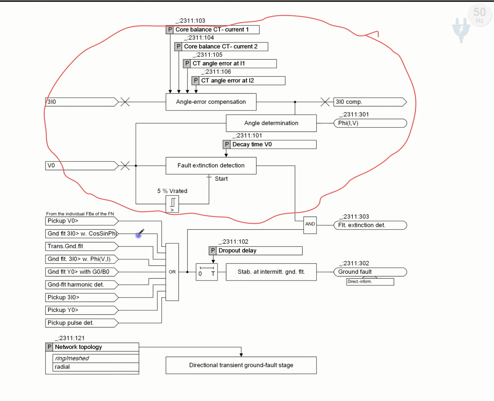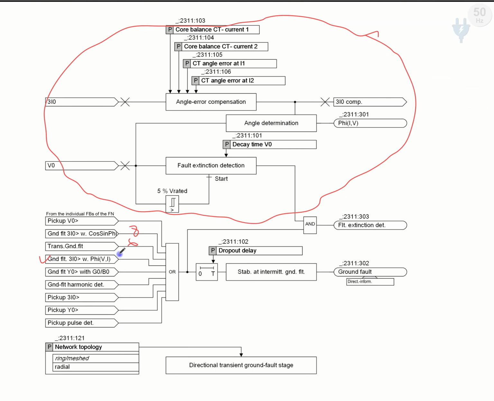We had 8 sessions about ground fault detection measuring cosine and sine of phi, and 6 sessions about transient ground fault detection. Right now we are discussing ground fault detection by the 3I0 greater stage with phi of V and I.